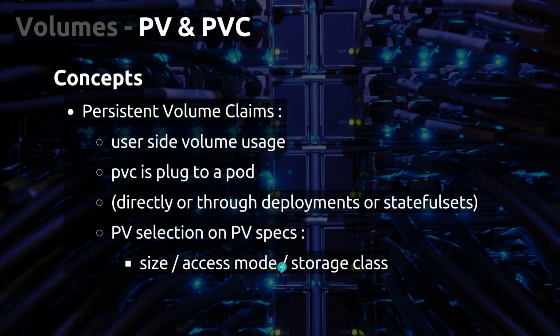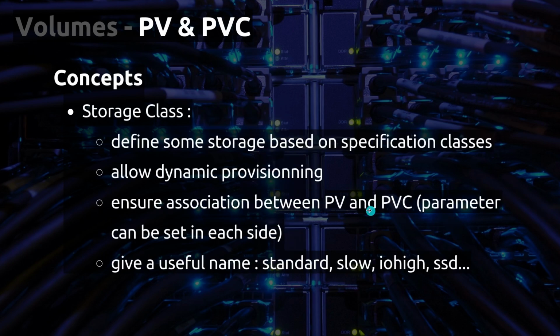The access mode too, of course, you need to use what you have inside the persistent volume, and sometimes, and maybe always, a storage class. We'll see that just after. What is the storage class?